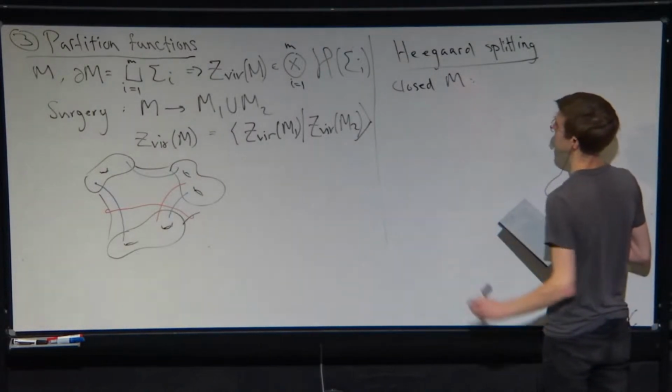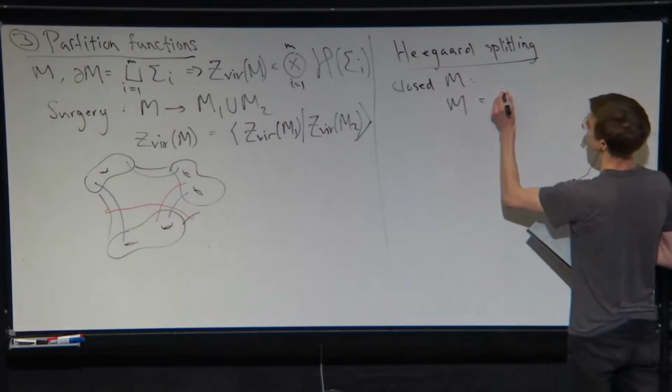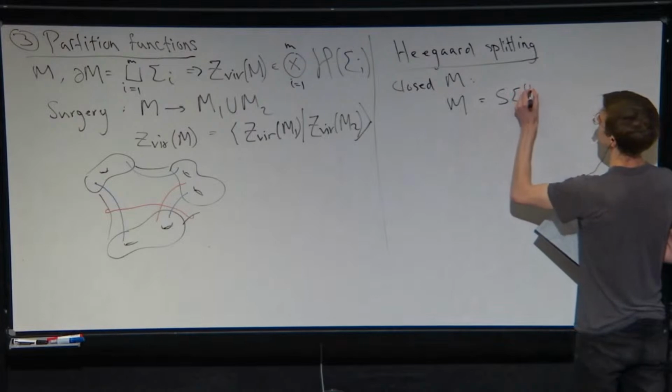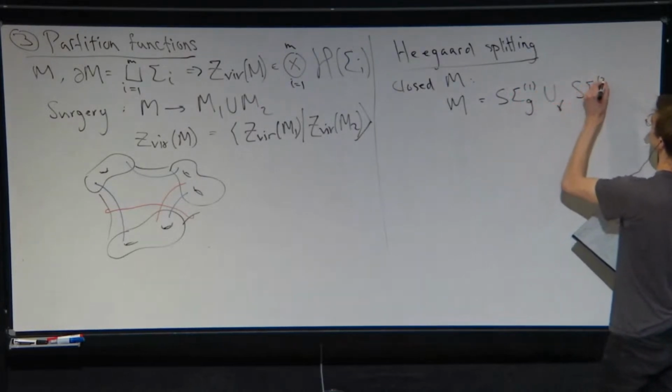Then it's a non-trivial fact that M can be written as the union of 2 handlebodies. I'll say what these are in a second.